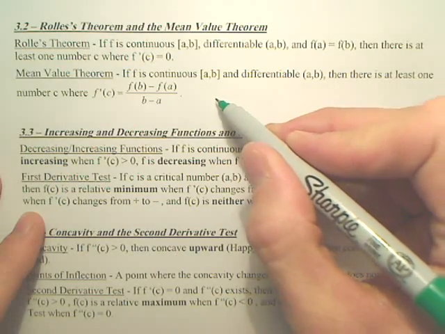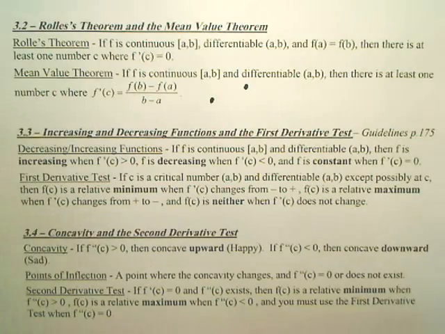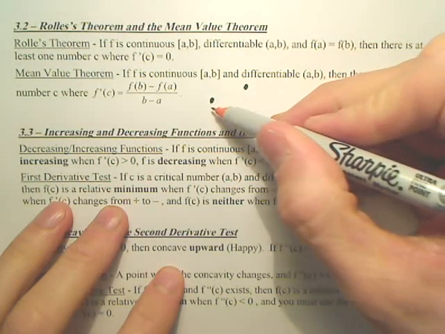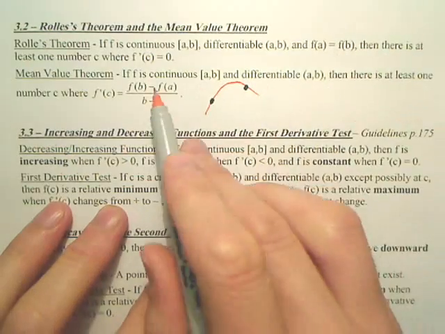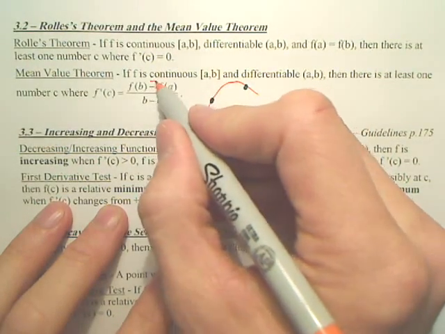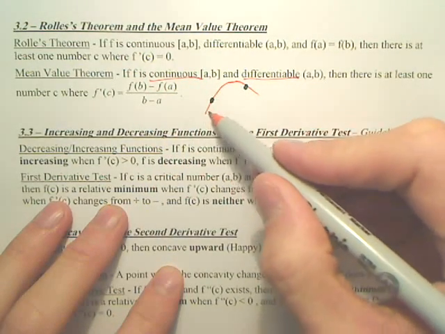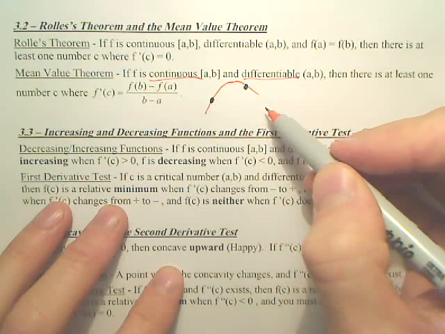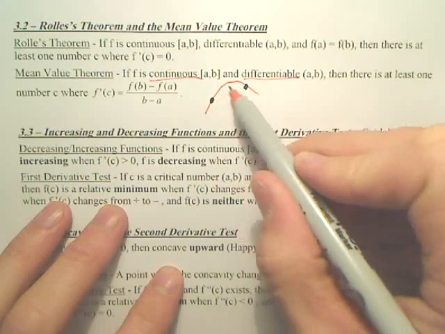If I have a point here and a point here, the closed interval AB, and a graph that goes through those 2 points that is continuous, is this orange continuous? It's continuous, and is it also differentiable? Meaning, does it have a derivative everywhere on that graph? So it's continuous everywhere between the 2 dots, and it's differentiable.